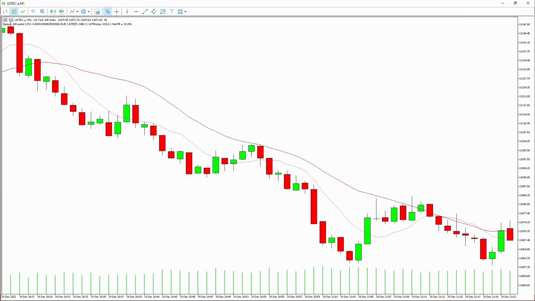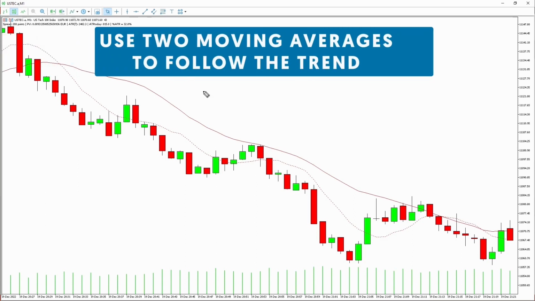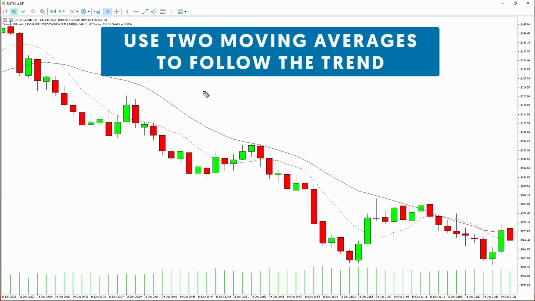Now here is another tip. I like to use two different moving averages, two moving averages that follow the trend. The ones that I like the most are the 20 period moving average and the 8 period moving average. And why do I like to use two moving averages?